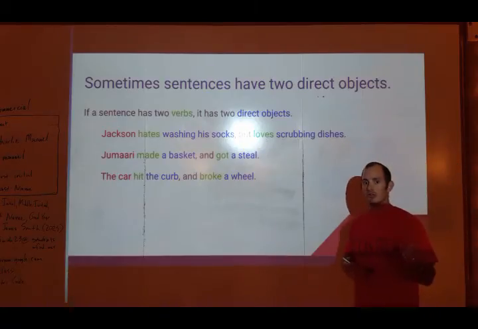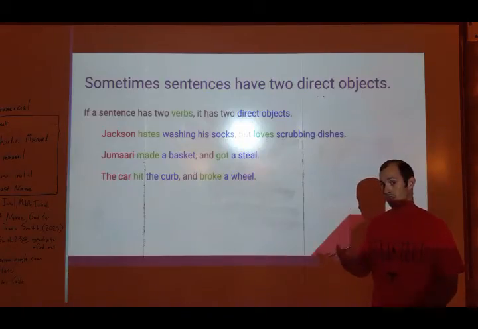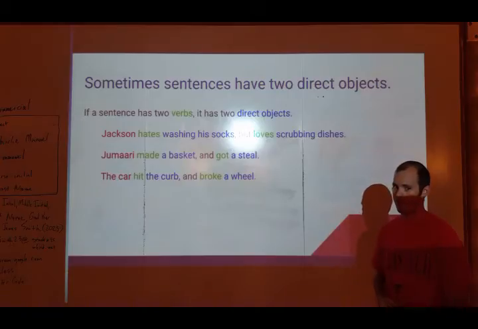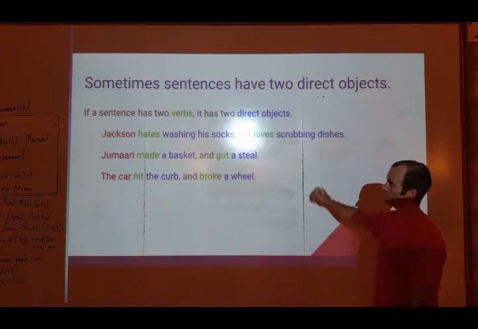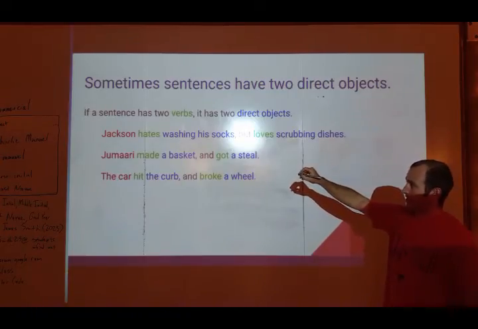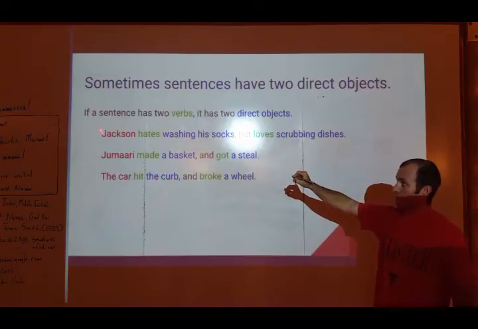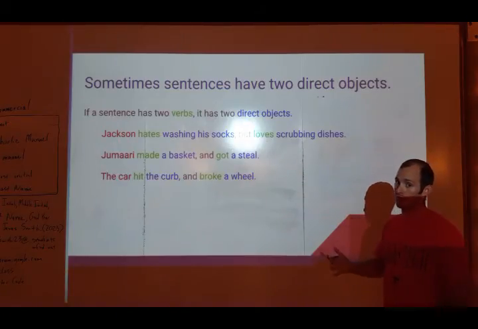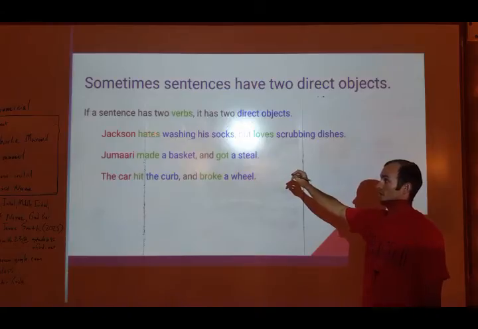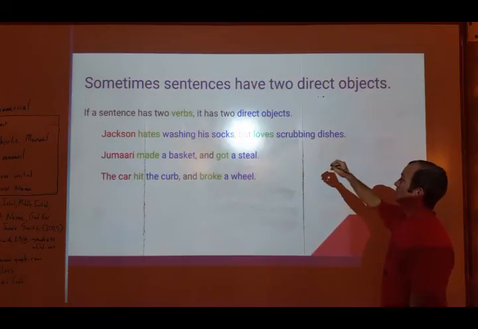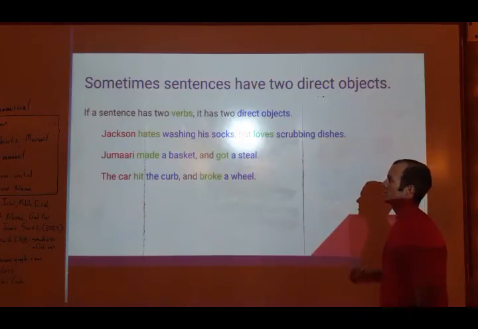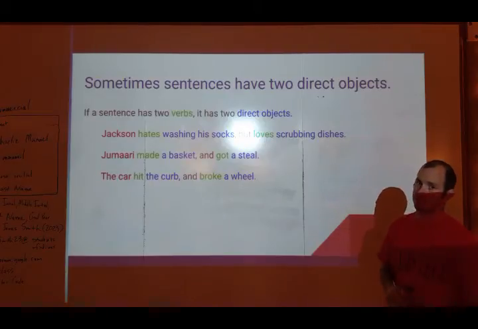Sometimes you'll have two direct objects in a sentence. If you have two verbs, usually you're going to have two direct objects. In this case, Jackson is the complete subject. What do we find first, though? We find our verbs. Jackson hates washing his socks, but loves scrubbing dishes.